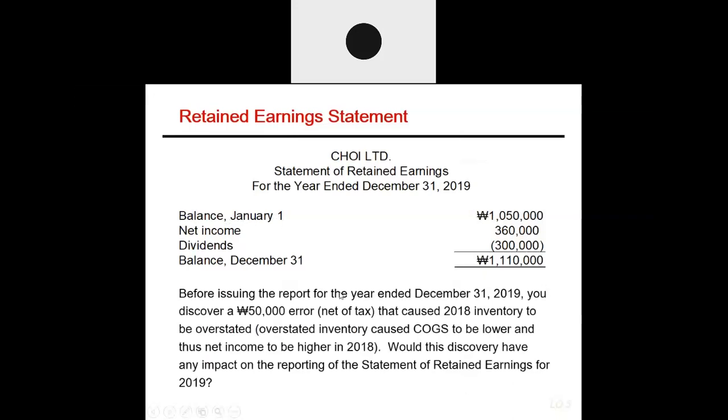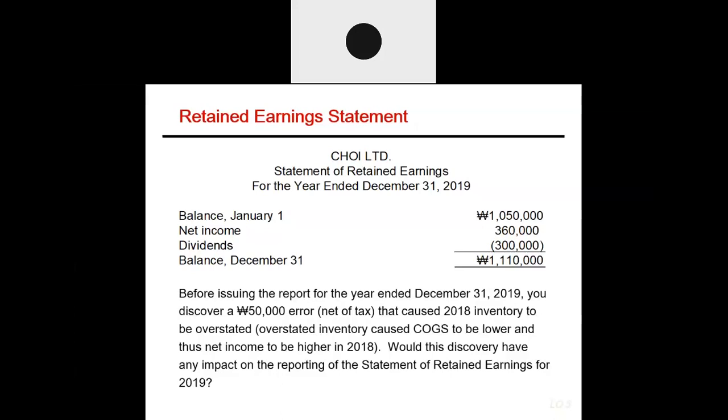So before issuing the report for the year ended December 31st, 2019, let's say you discover an error of 50,000, net of tax, that caused the inventory in 2018 to be overstated. The overstatement of inventory caused the cost of goods sold to be lower, and when the cost of goods sold is lower, that overstates the net income.